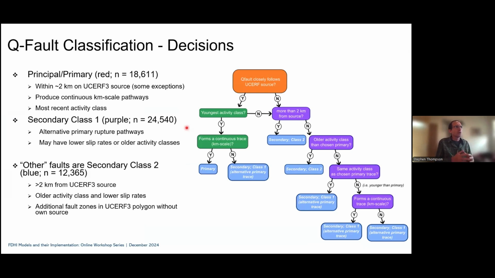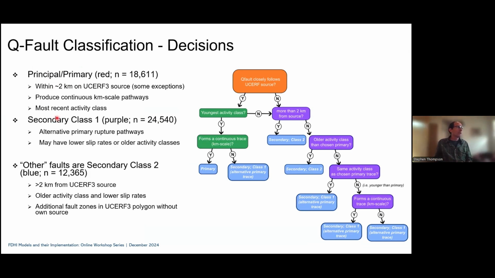Aside from the location and precision of those traces, another major task is how do we classify each quaternary fault trace as one that clearly seems to be a potential for hosting principal displacement rupture versus other strands in the Q-fault database that don't have that kind of continuity or geomorphic association.